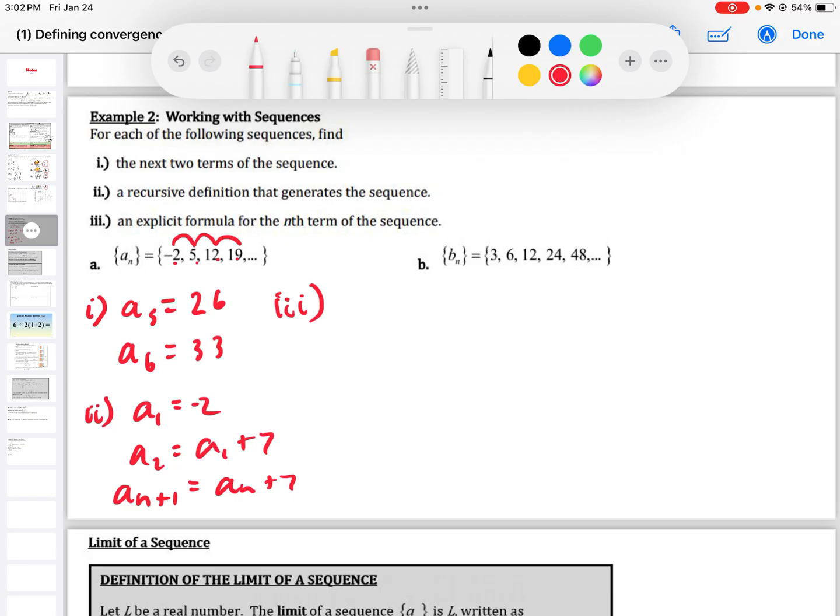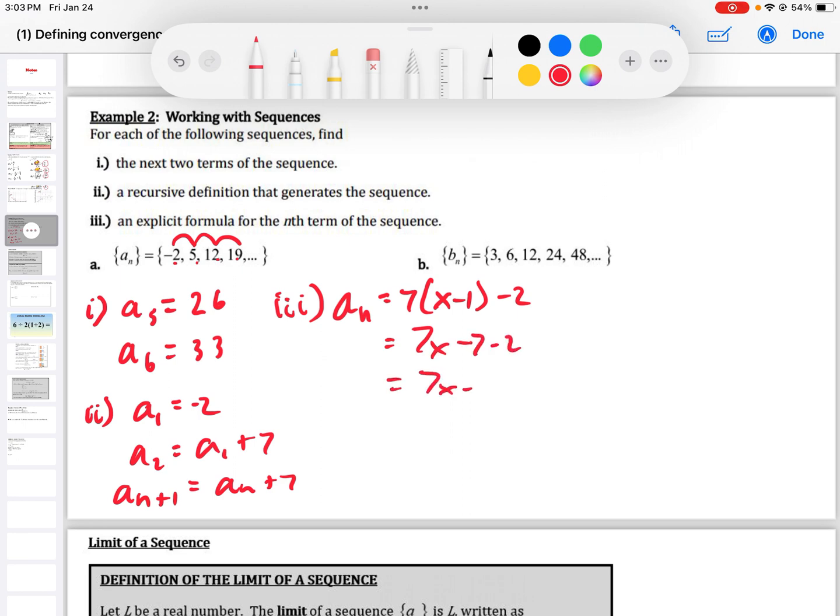Part 3, find the explicit form. So this is linear, which is arithmetic sequences. If it's going up at a constant rate, those are arithmetic sequences. If they're being multiplied by a constant number, it's a geometric sequence. So this one's arithmetic. It's linear, so I could say a sub n is equal to the slope, the rate of change is 7, times x minus 1, minus 2.